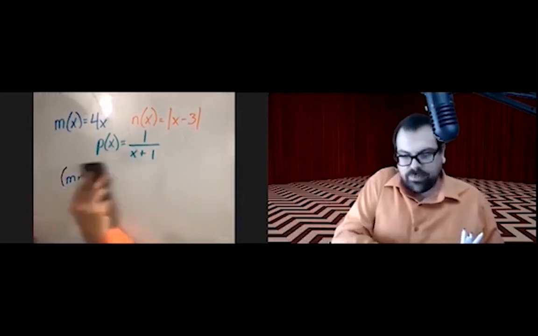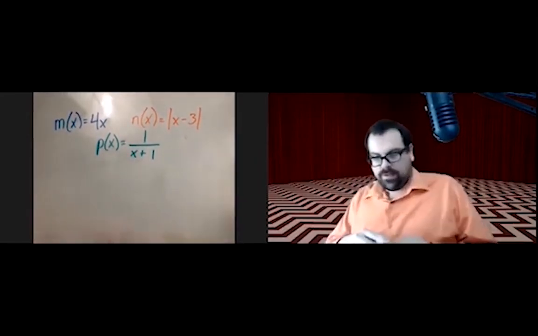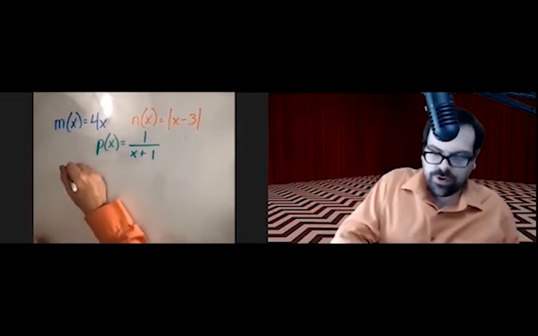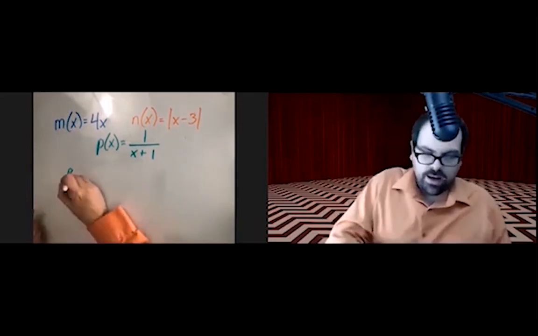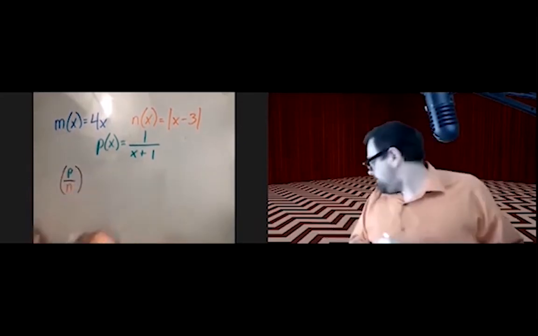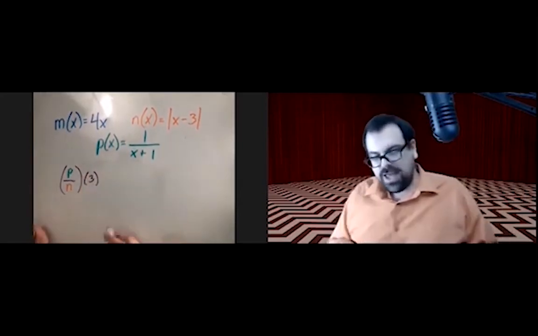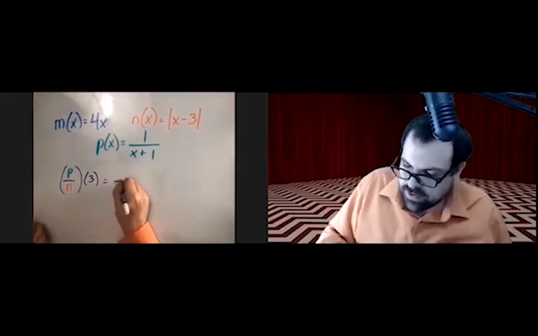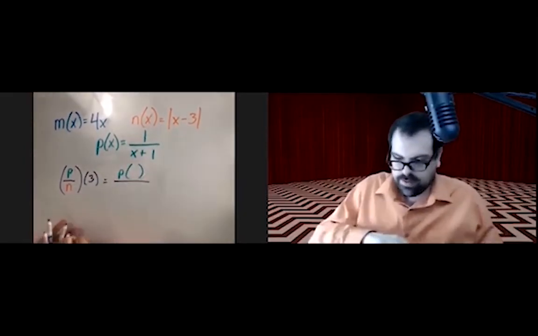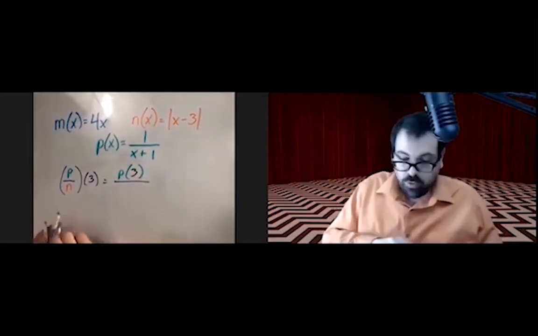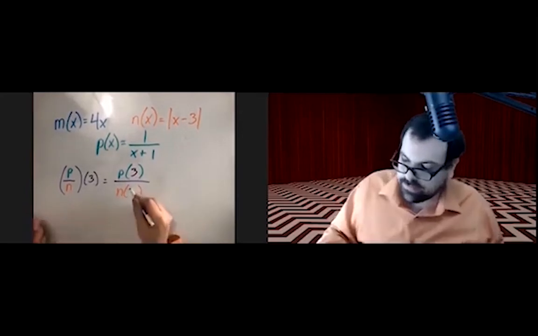Next up, using these three functions, I want to do p over n of 3. p over n of 3. That would be p of 3 over n of 3.